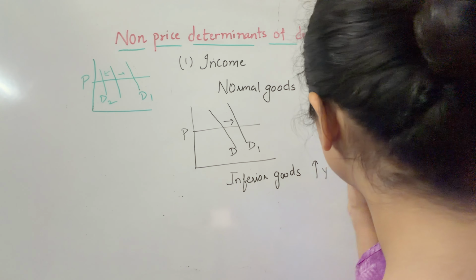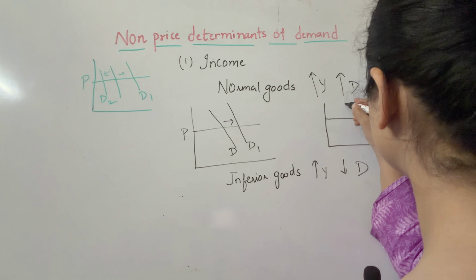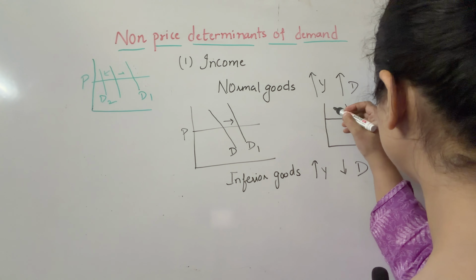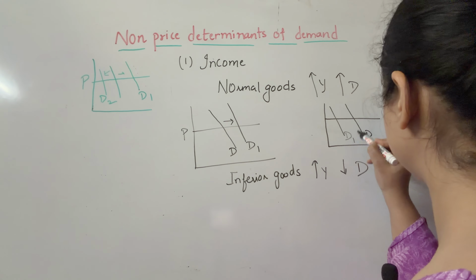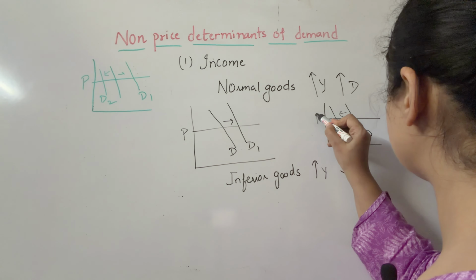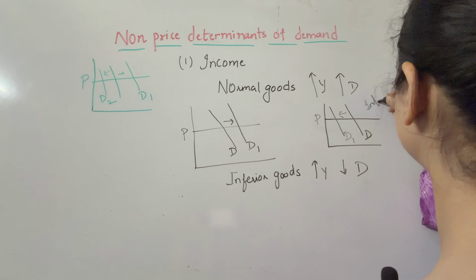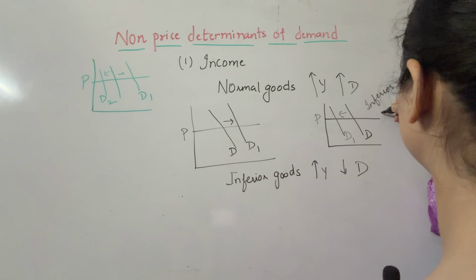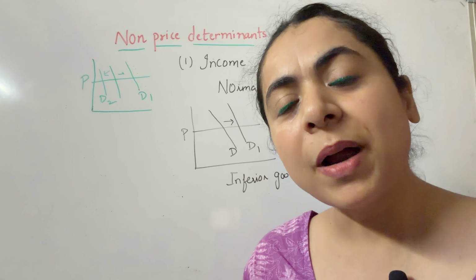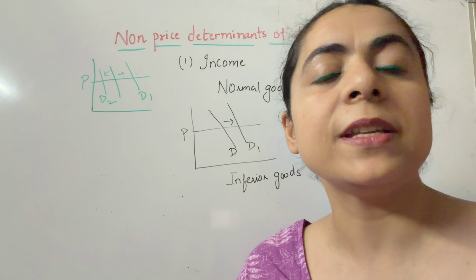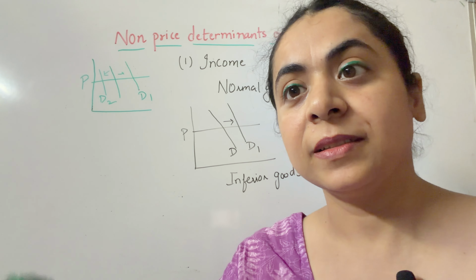So in this case, the demand curve shifts leftward with an increase in income of the consumer in the case of inferior goods. Demand for inferior goods falls with an increase in income of the consumer. An example of an inferior good could be a used car.